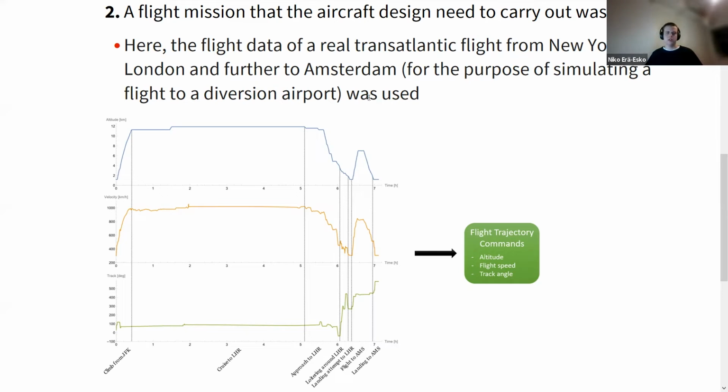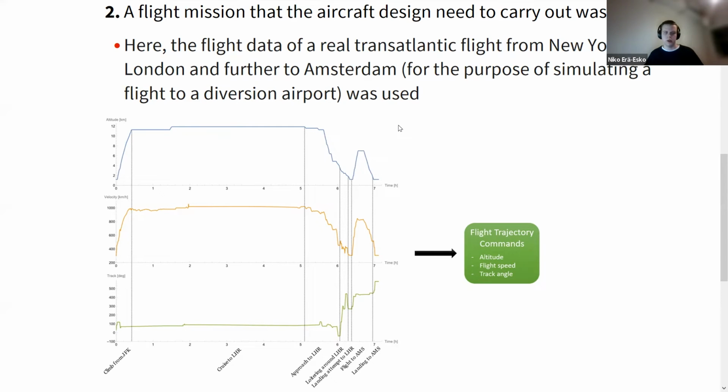Then, of course, we want to assign some flight mission to test how the new aircraft design manages that, and for that we used the actual flight data of a real transatlantic flight from New York to London, and further from London to Amsterdam. And that was for simulating a flight to a diversion airport after a missed landing approach.